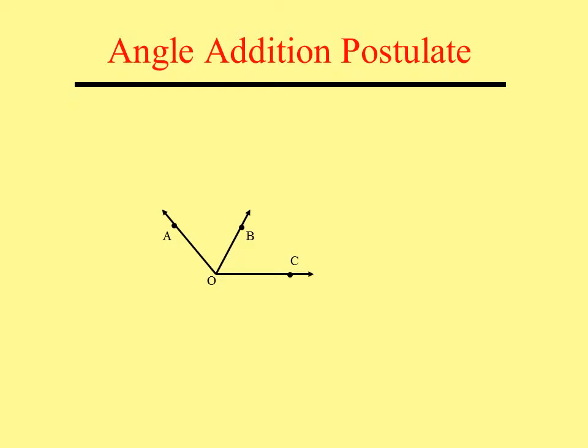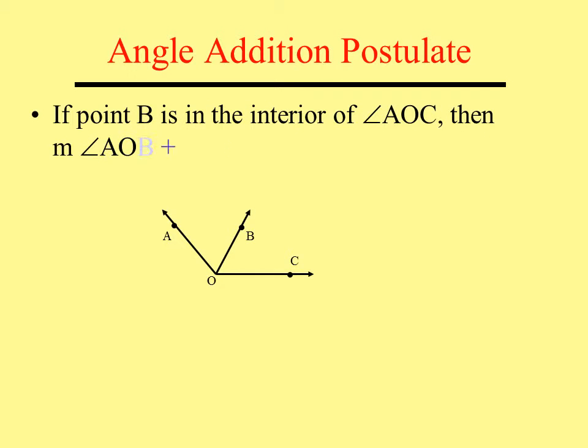So just like we have the segment addition postulate, we also have the angle addition postulate. If point B is in the interior of angle AOC, then the measurement of AOB plus the measurement of angle BOC equals the measurement of angle AOC.